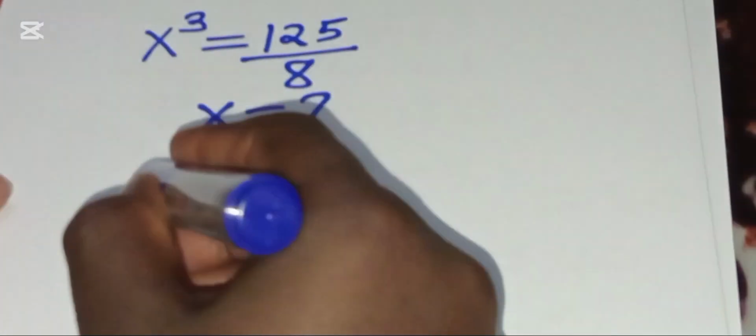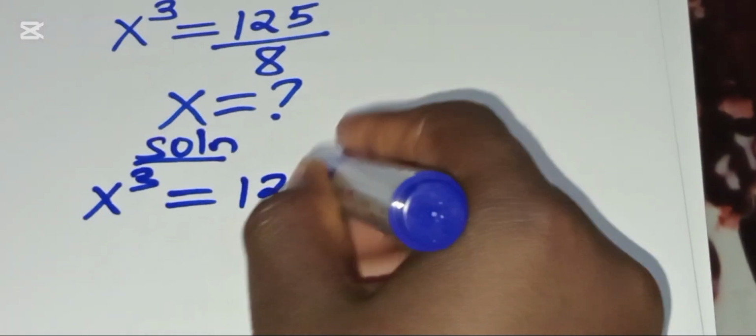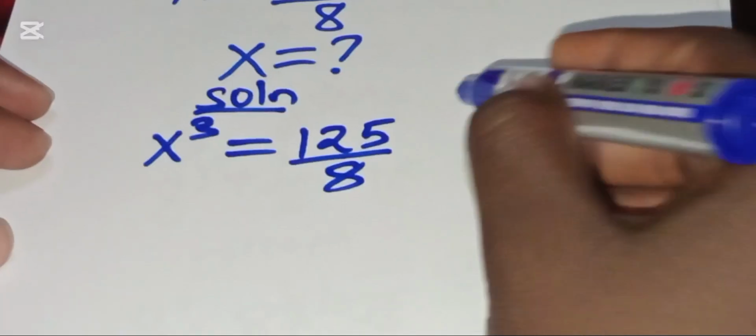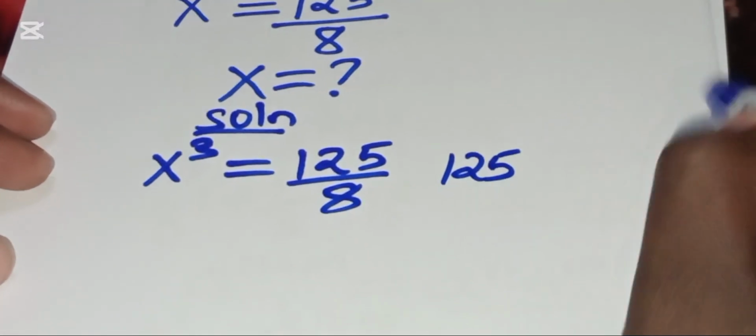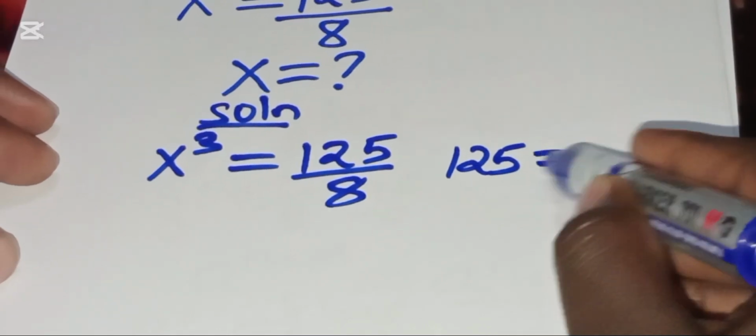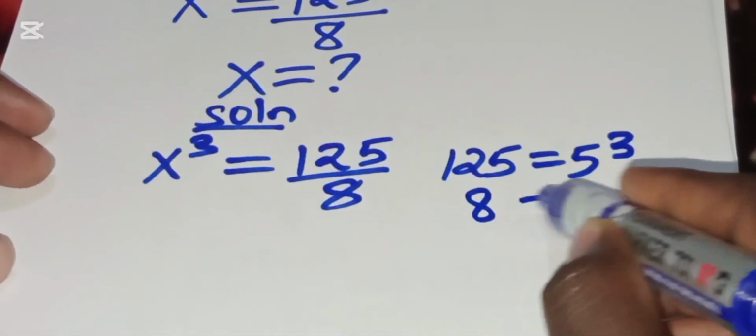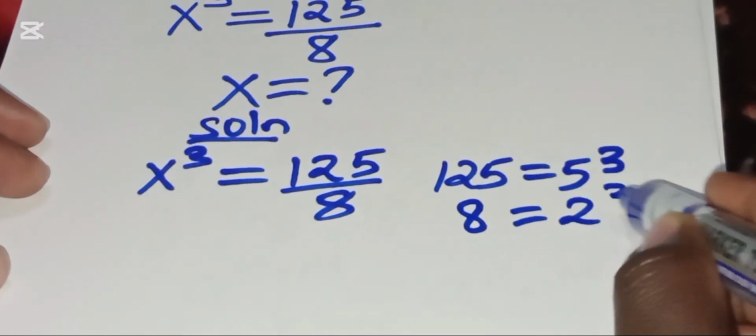Now we have x cubed equal to 125 divided by 8. From what we have, 125 can be expressed as 5 raised to power 3, and 8 can also be expressed as 2 raised to power 3.